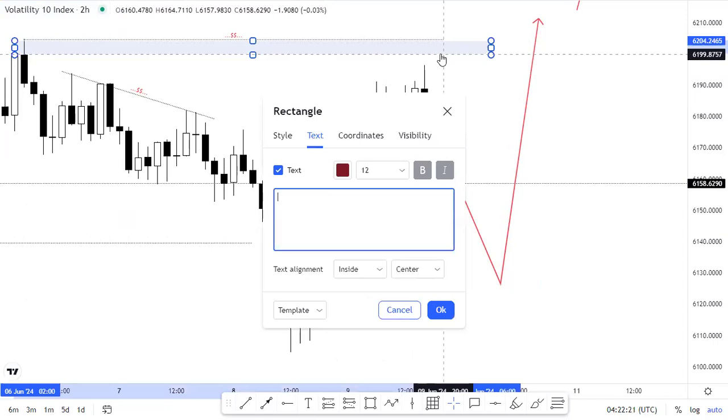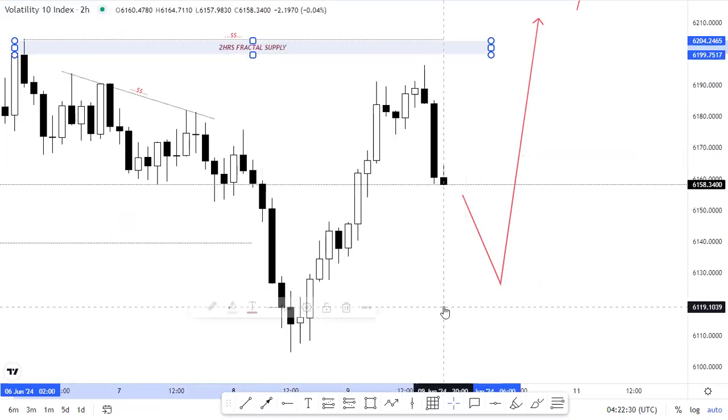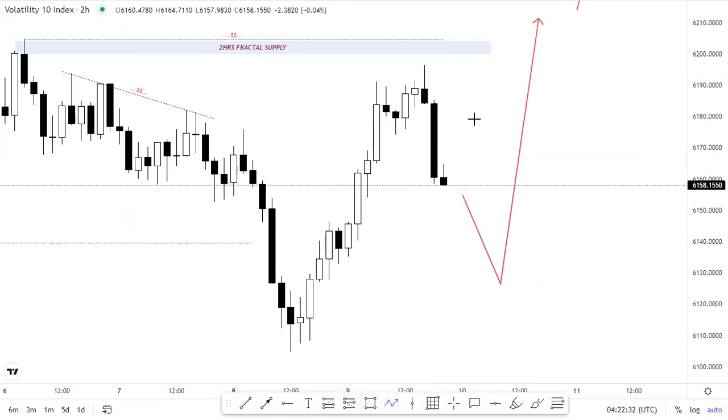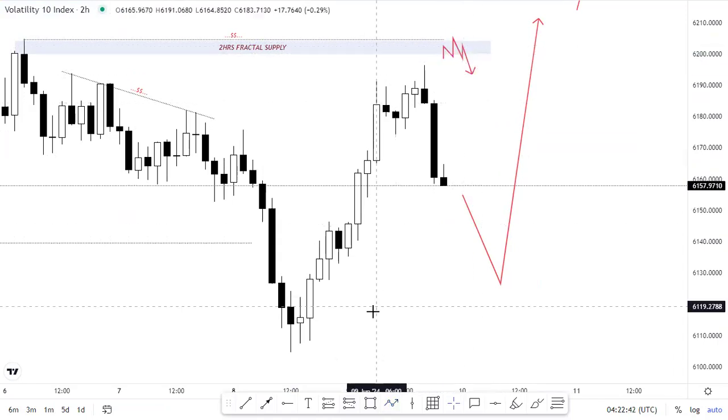So this is the 2 hours fractal supply. On the same standard, we're expecting a structure shift on the 5 minutes time frame, then we'll look for sales.